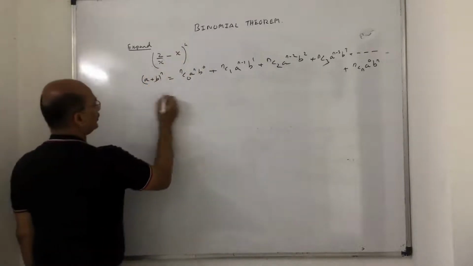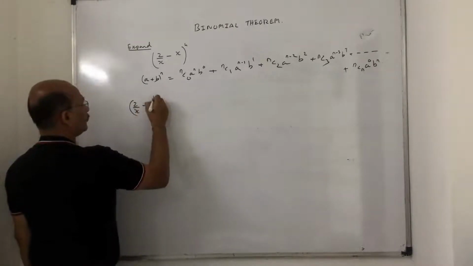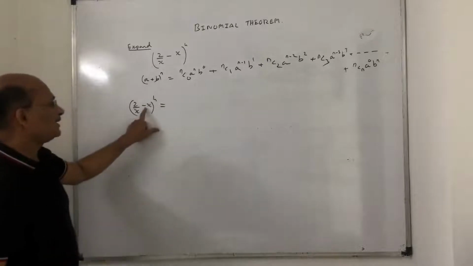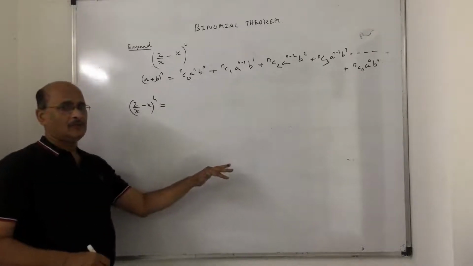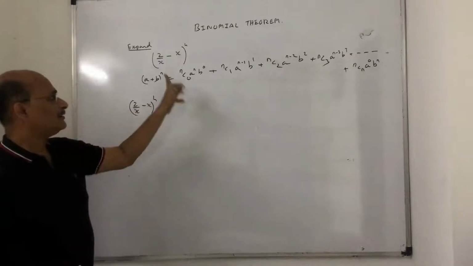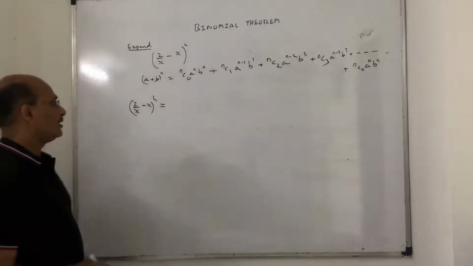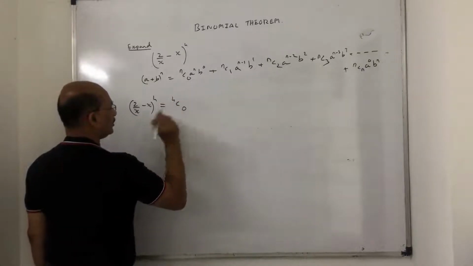So what will happen now is, I can write this out again, (2 upon x plus (minus x)) raised to 4. Be careful about the minus sign. I did tell you directly you can put plus and minus sign, but subject to you taking the second term as positive. Otherwise you can just put the sign in the term as it is. Now 4C0, listen to me.